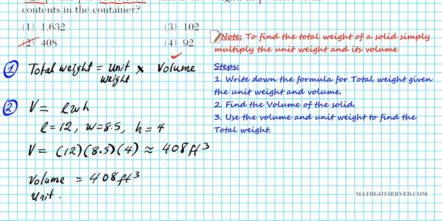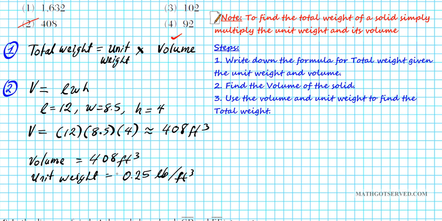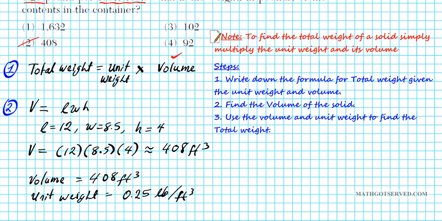The unit weight is 0.25 pounds. So for every cubic foot, you have 0.25 pounds. Okay. Now, what is the weight of the solid? We just combine these two pieces of information, put them into this formula that we have already established right there, and that should tell us what the total weight is, okay?